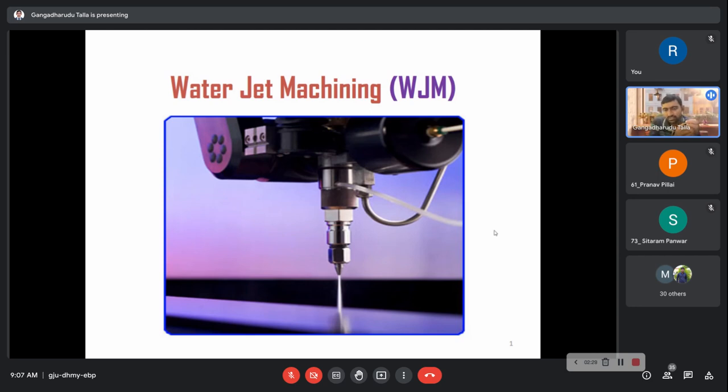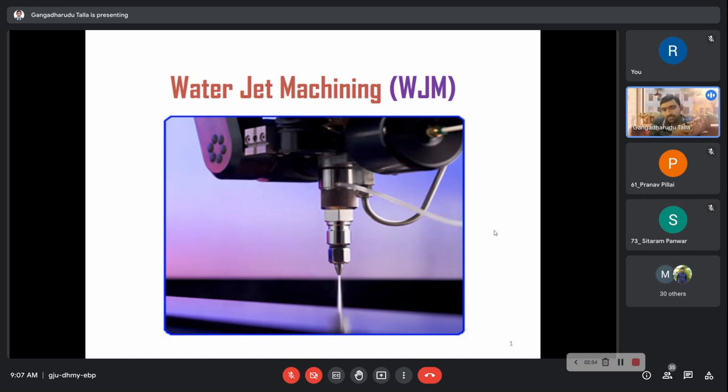Now coming to the water jet, we are using water in the form of a jet. This jet will have high pressure and will be coming at high velocity and hitting the workpiece, and it is now eroding the material. Okay, erosion due to water jet impingement on the workpiece.